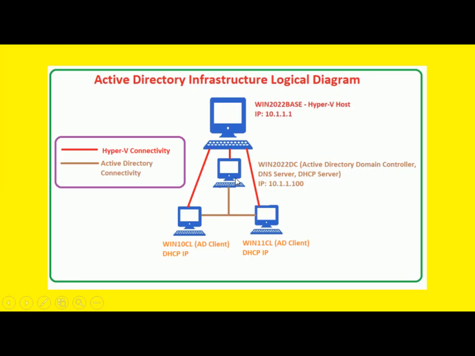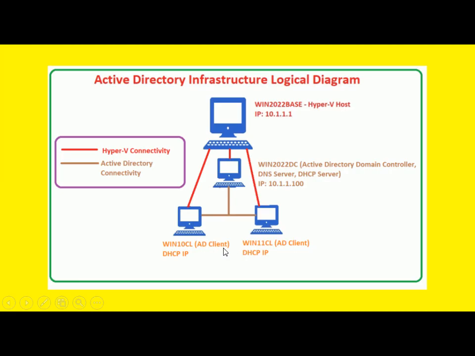The second machine will be our Windows 2022 DC, that is the Active Directory Domain Controller. It will also be our DNS server and DHCP server. Its IP will be 10.1.1.100. This brown line is the Active Directory connectivity, so this domain controller will have connectivity with our Windows 10 CL and Windows 11 CL machines.